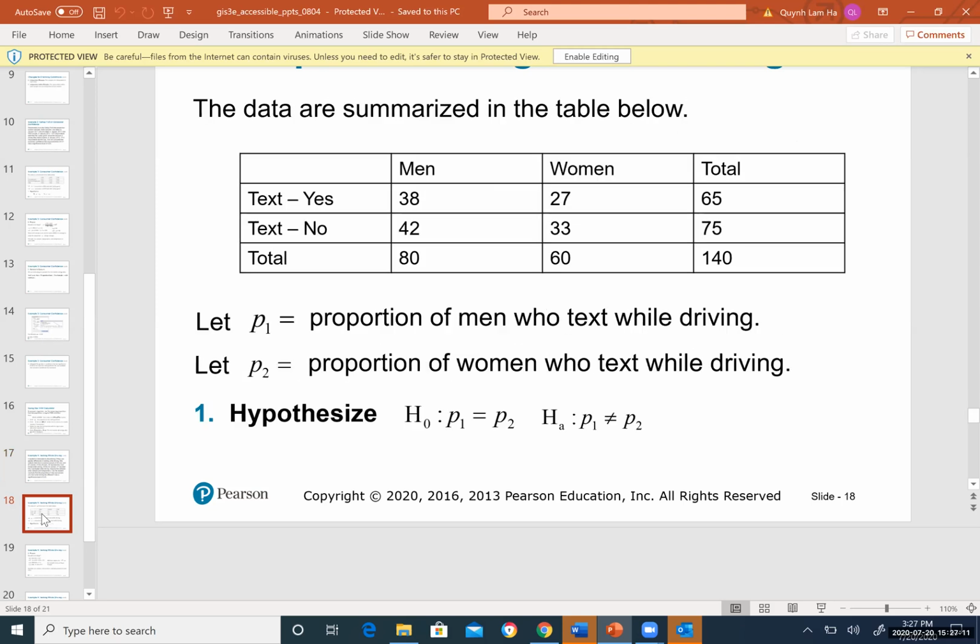Here they summarize it in this table. The steps they're listing out, p1, p2. Step 1, hypothesize. H0 will be all the time like this: p1 minus p2 equals 0. And the alternative hypothesis will be p1 not equal to p2.